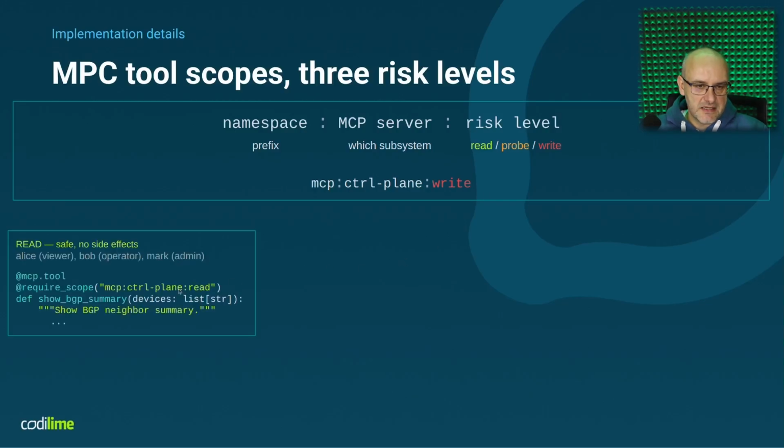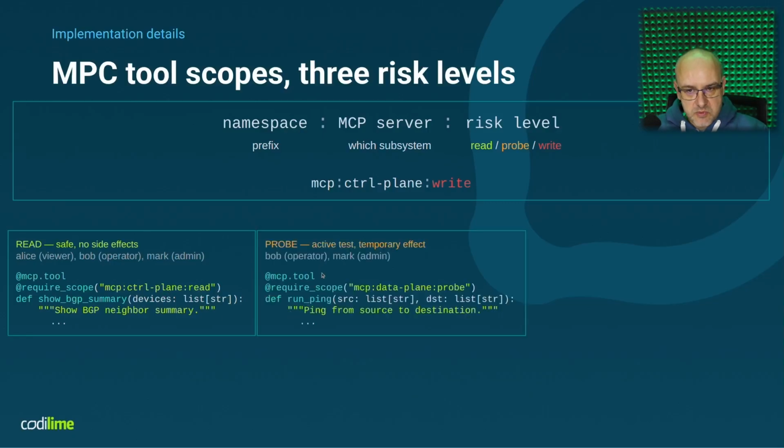And inside the code, when we define particular tools in our MCP server, we tag each tool with those MCP scopes. For instance, here we have show BGP summary, which is of type read, and it is from the MCP control plane server. This is the example for probe: for instance, run ping or run traceroute, where we mark this tool as a probe and from the data plane.